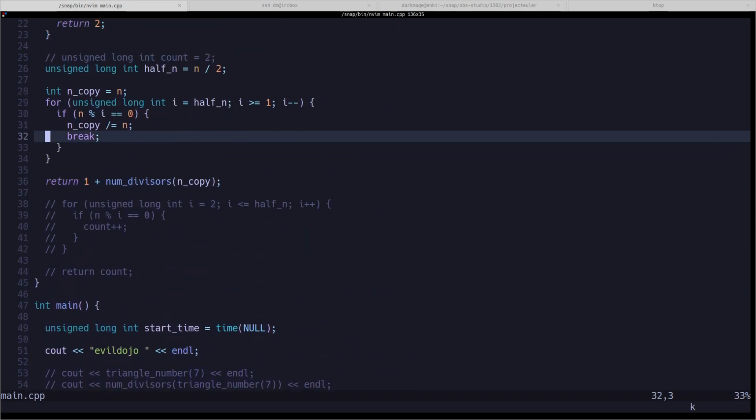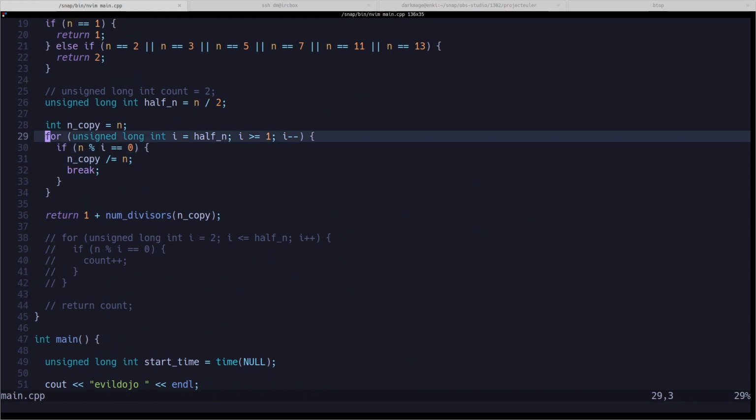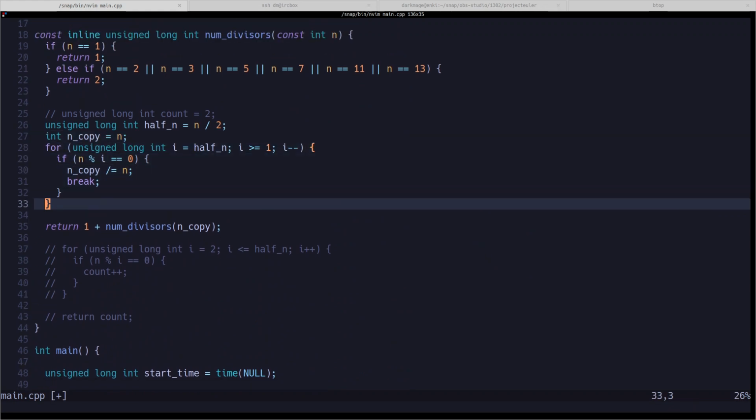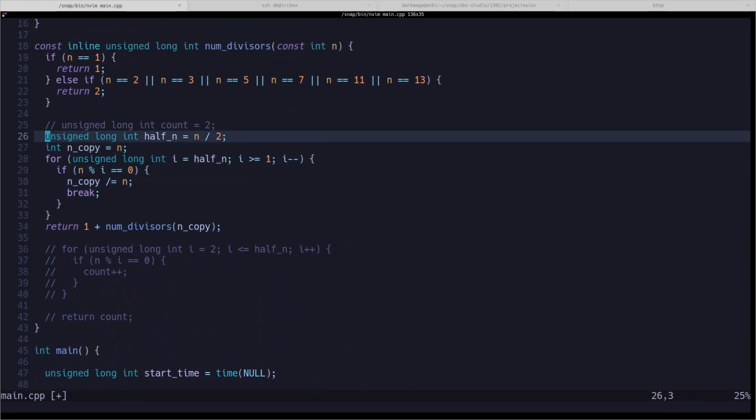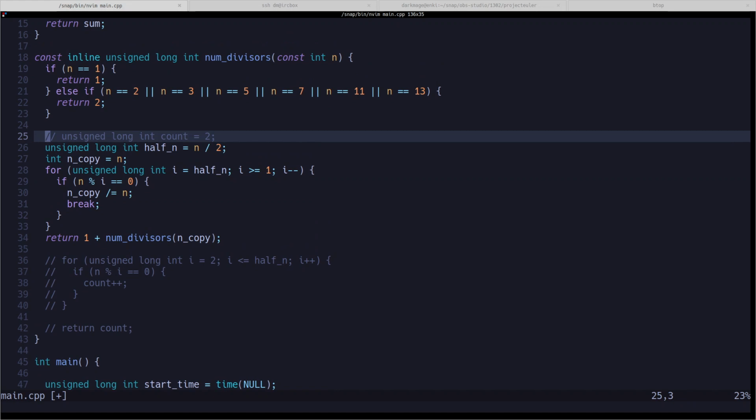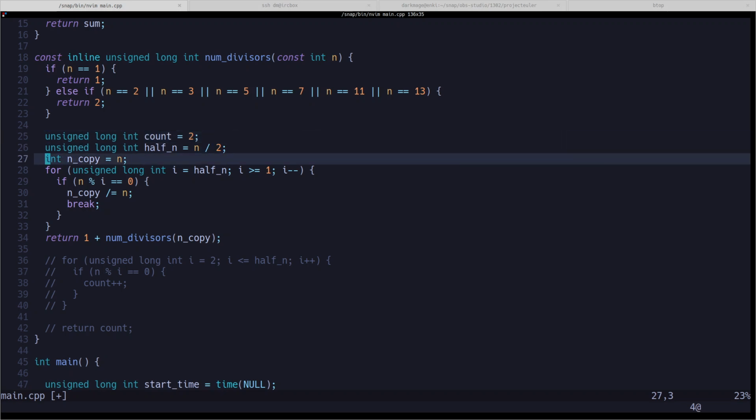Yeah, that's not right. I still like the idea of going backwards, though.